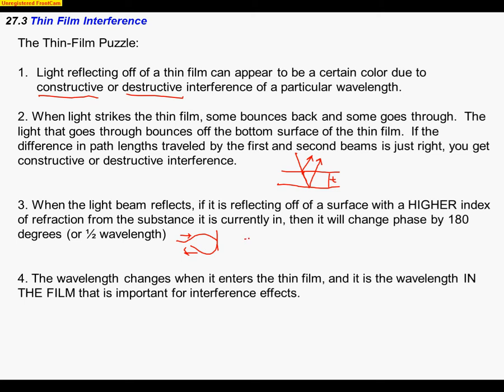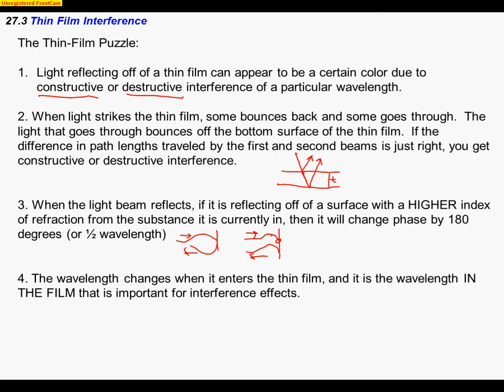If the wave on a string coming in hits a non-fixed end, then it'll reflect back the same way it came in. So we would say there's no phase change there. In the first case we would say this is 180 degrees out of phase with the way it was, and here we have no phase change, or it's in phase with the way it was coming in.